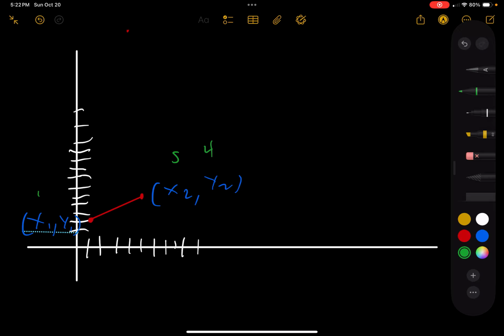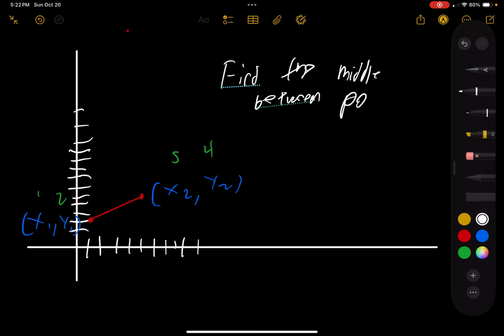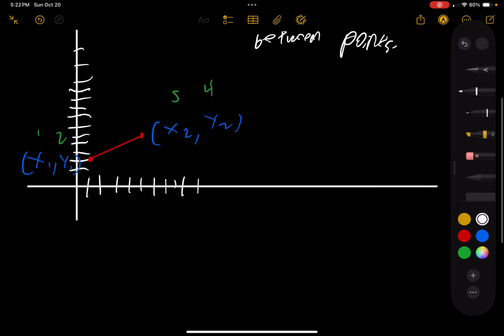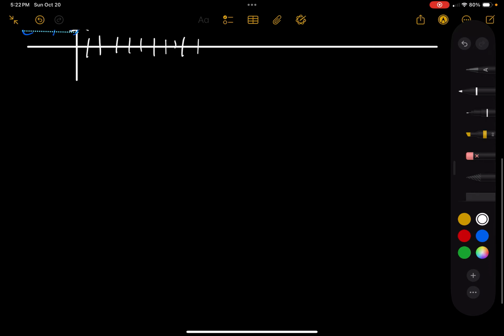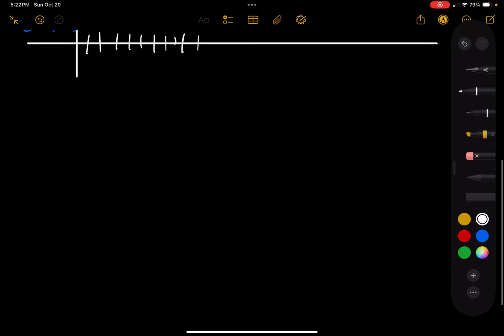That's 1, 2. So what if you were asked to find the middle between these points? There is a formula for the midpoint of 2 points on a coordinate plane.